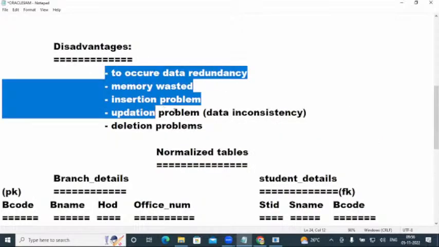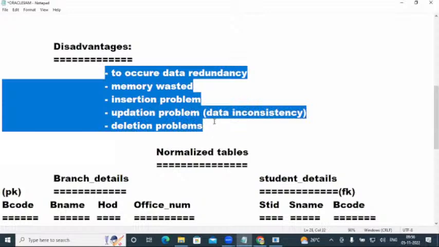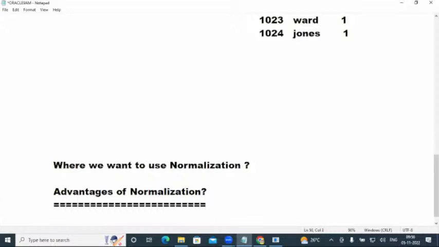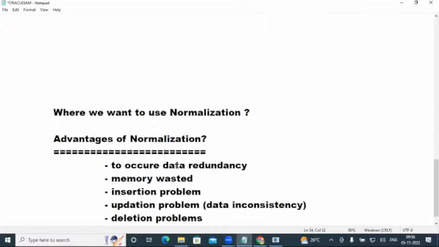Now tell me, whatever disadvantages we discussed here, can I convert them into advantages? Definitely I can. What I said causes data redundancy, now I say reduces data redundancy. Memory waste becomes memory saved.